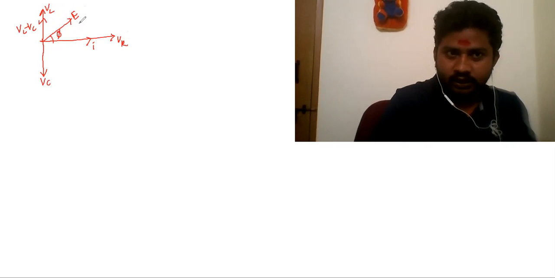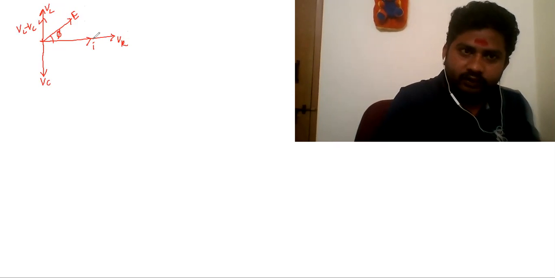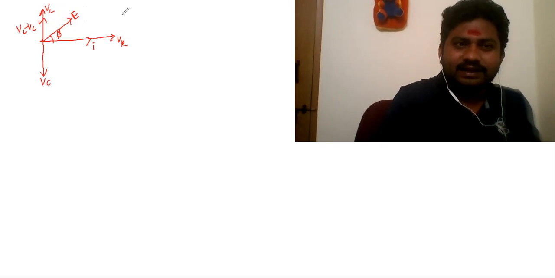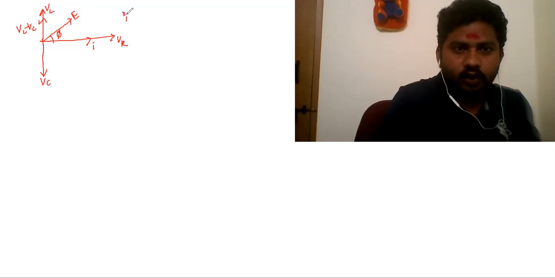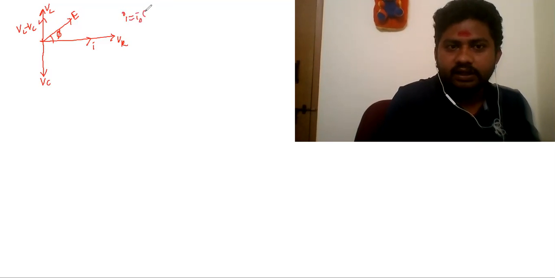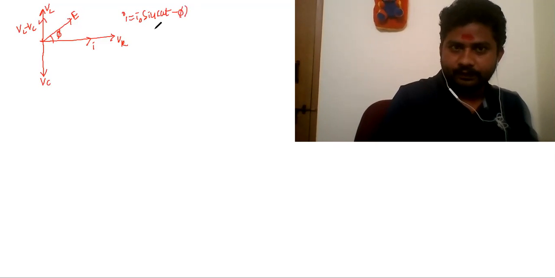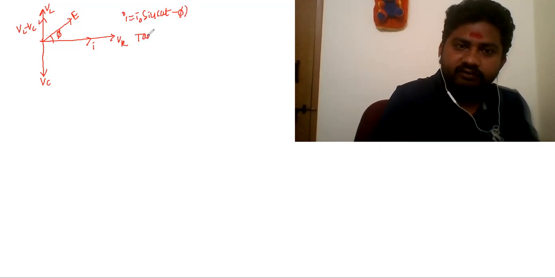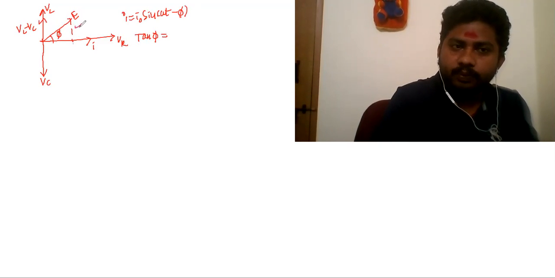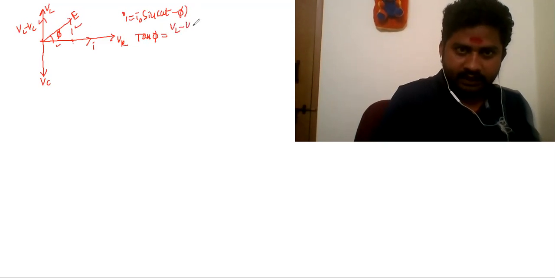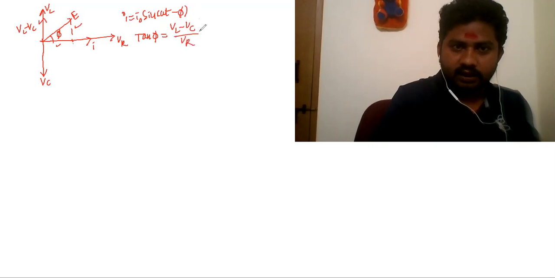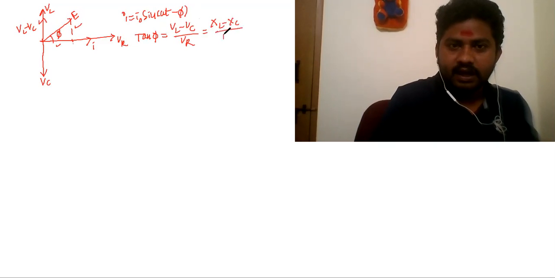Clear? Now carefully see here, if this is the inductive dominated circuit, we have I equal to I naught sine omega t minus phi. And tan phi is opposite side by adjacent side, VL minus VC by VR, which can also be written as XL minus XC by R.